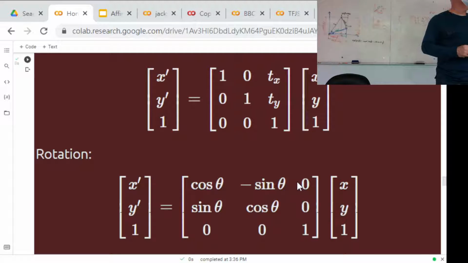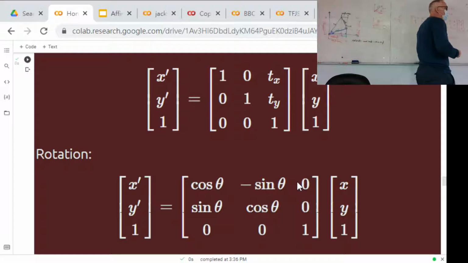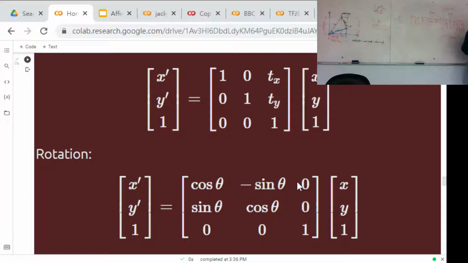That's an easy extension to add translations into a matrix representation. Homogeneous coordinates are extensions of this, generalizations of that. And homogeneous coordinates are written as kx, ky, k. Right? So that means I can multiply the coordinate values by any constant, and I just specify what that constant is.